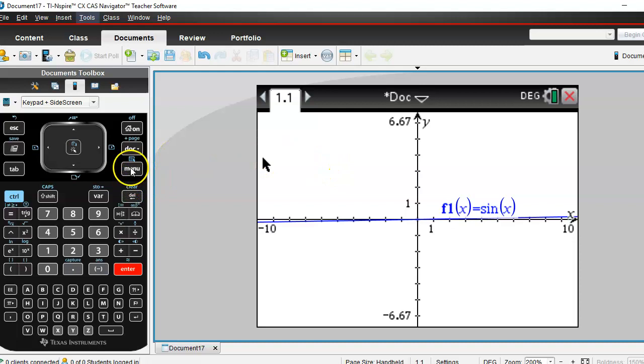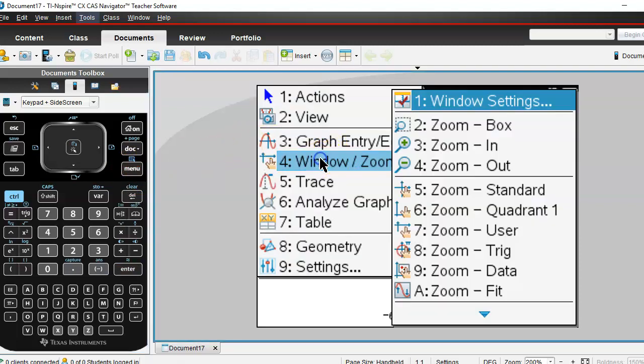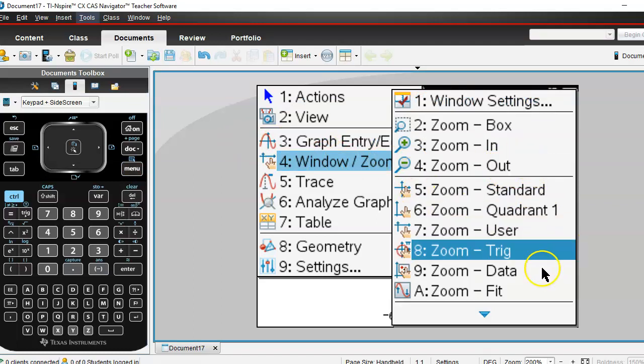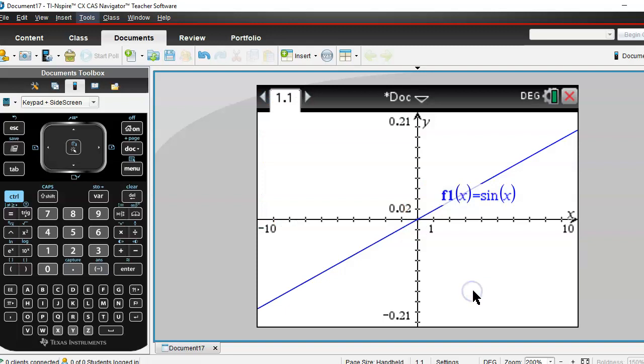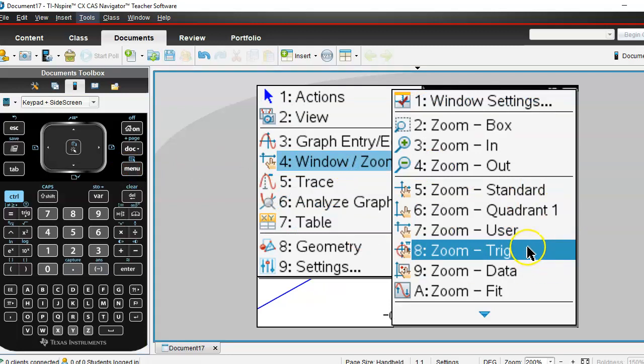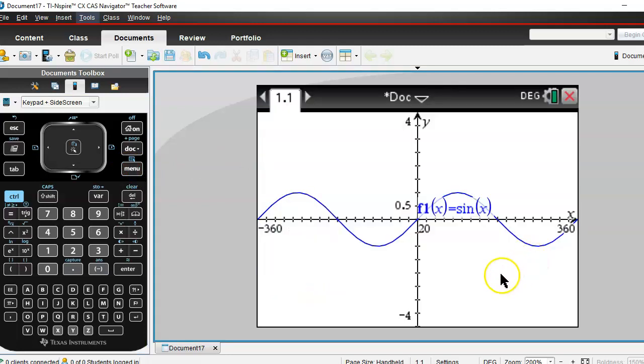So I go to Menu, Window Zoom. Now you could just zoom out till you get something you like, but I'll zoom fit. How does that look? No, it still doesn't look very good. Window, Trig. Yep, that looks pretty good.